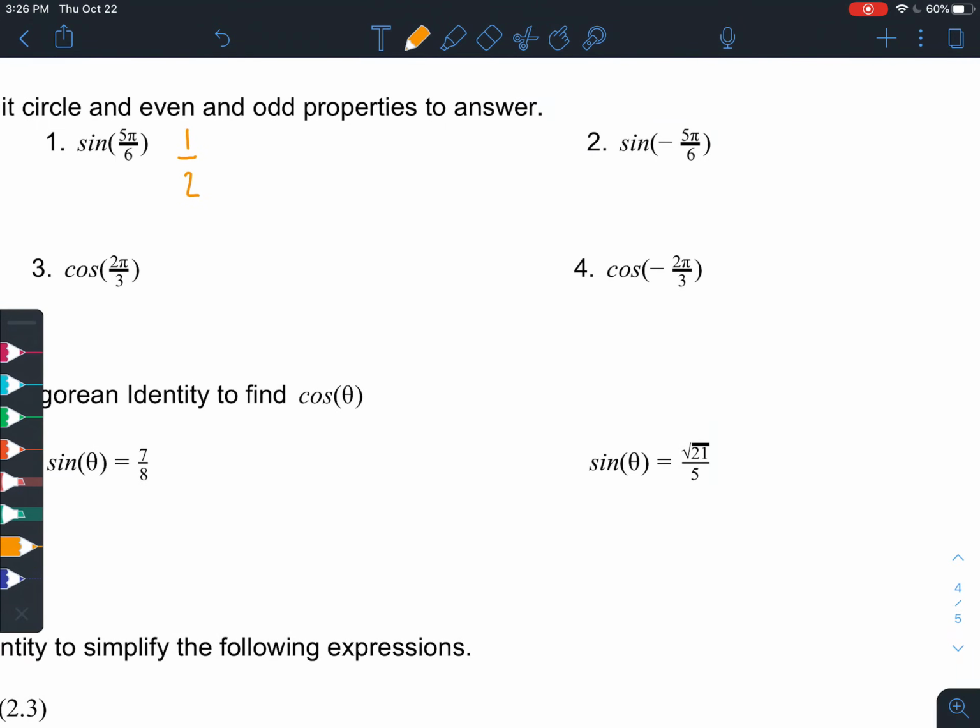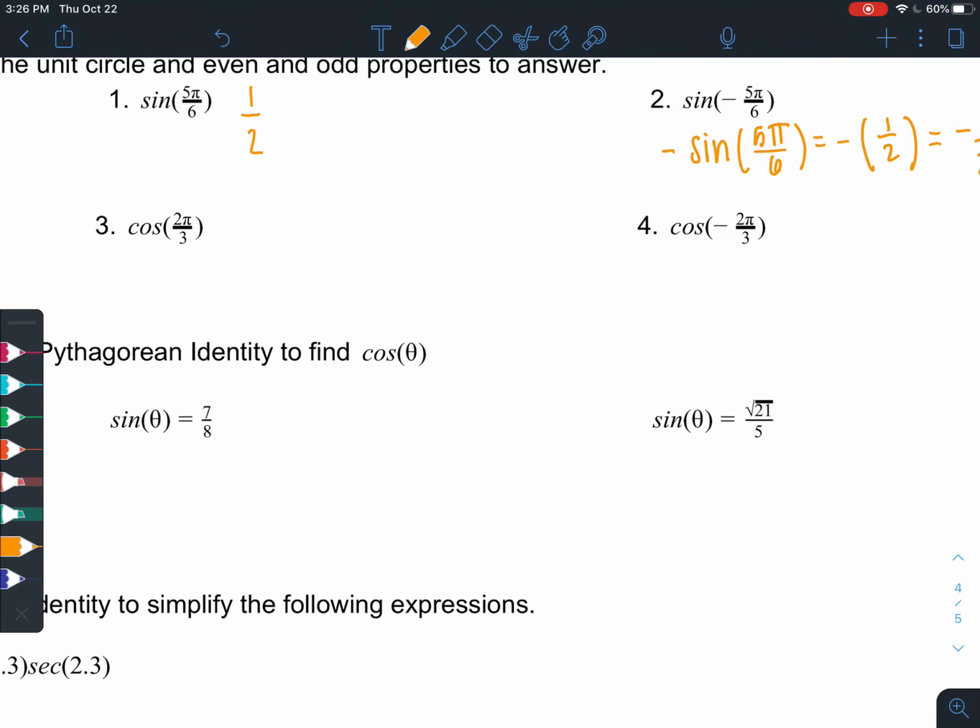Instead of doing a bunch of math to figure that out, we can just know that we are going to end up with negative sine of 5 pi over 6 using that even and odd identity. So we get negative 1/2, which is just negative 1/2 for that value.